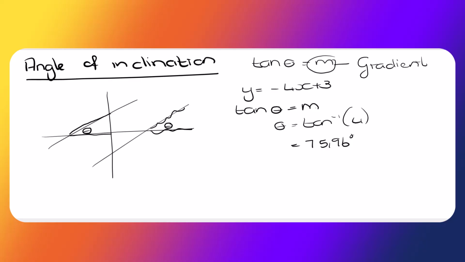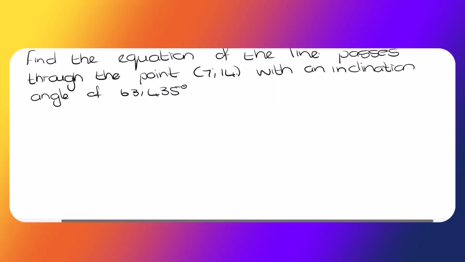So the moment your gradient is negative, you know you must subtract it from 180 degrees. So theta is going to be 180 minus 75,96, which gives me an answer of 104,04 degrees.